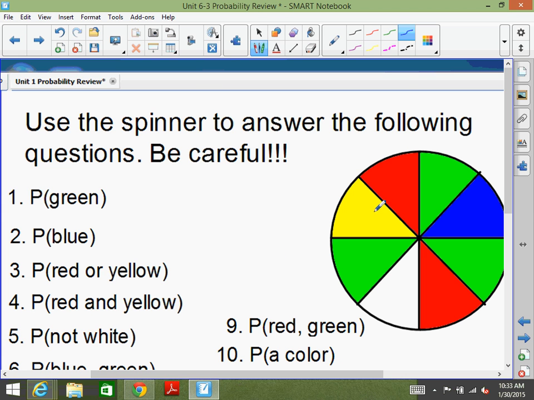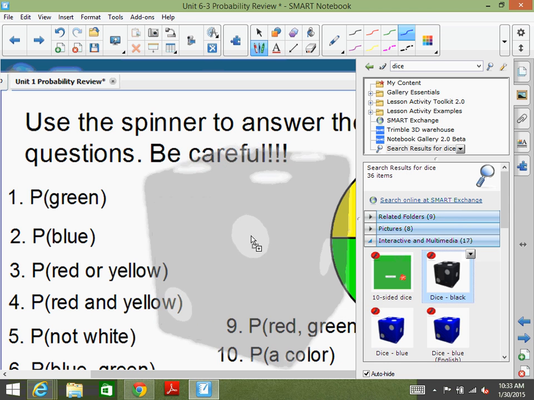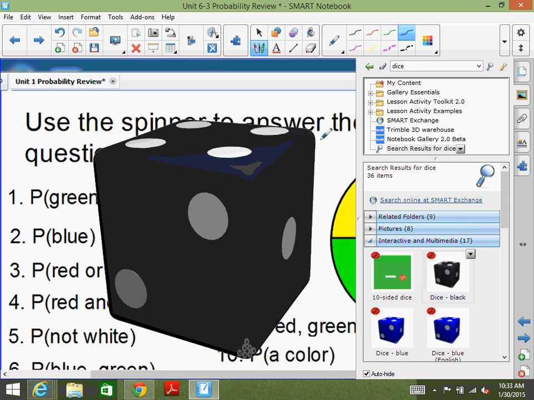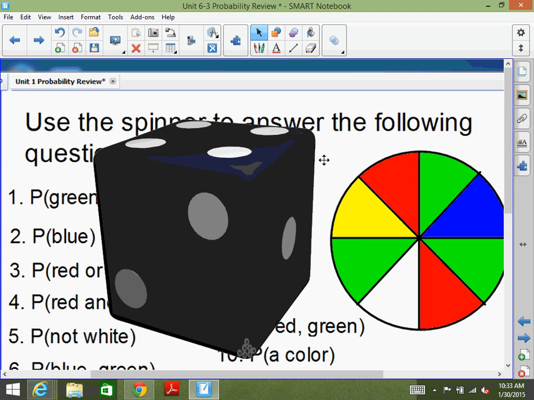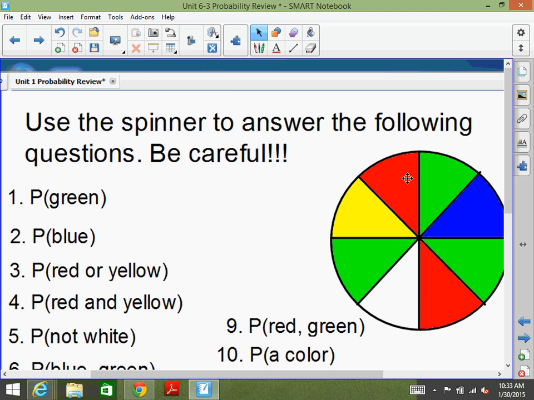When you see one spinner, you're probably thinking these are all going to be simple. Because compound, you've kind of been trained to look for two things to take place, right? A die and a spinner. That's what you're thinking for compound. That's not necessarily true. I can spin this spinner more than once, can I?